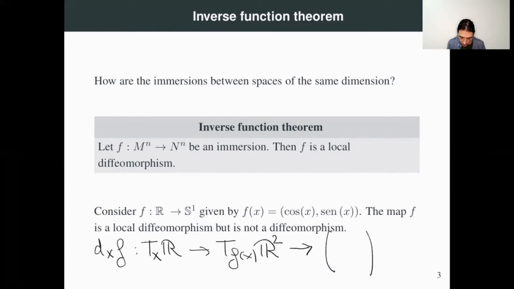The entries of such a matrix are the derivatives of the components of f. So the derivative of the cosine is minus sine, right? And the derivative of the sine, sorry, it's the cosine. Since this matrix is never vanishing because either sine or cosine are different than 0, then the differential of f at x is injective.